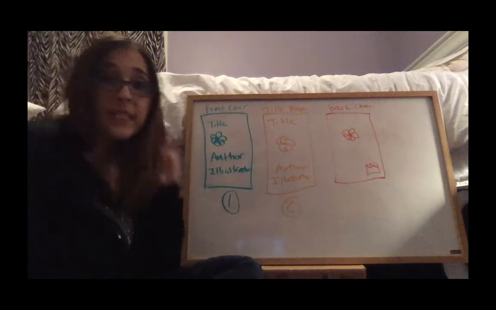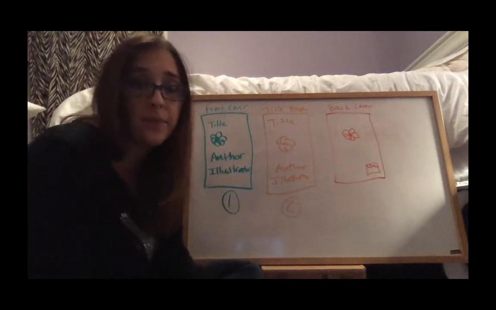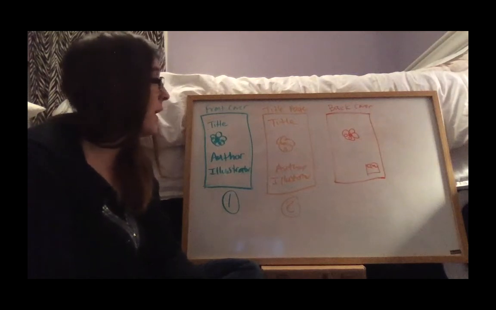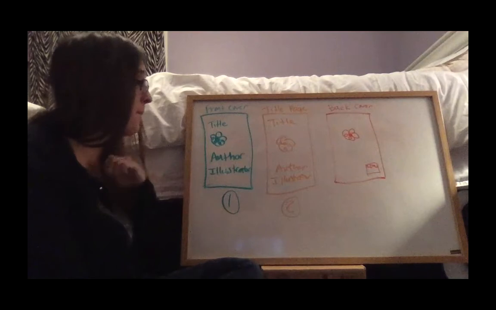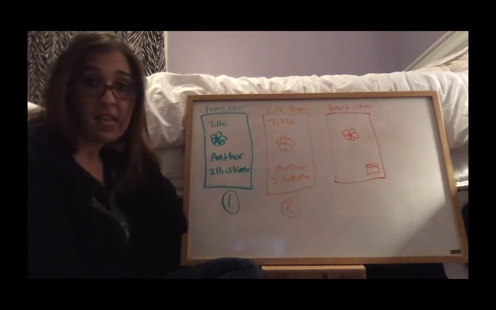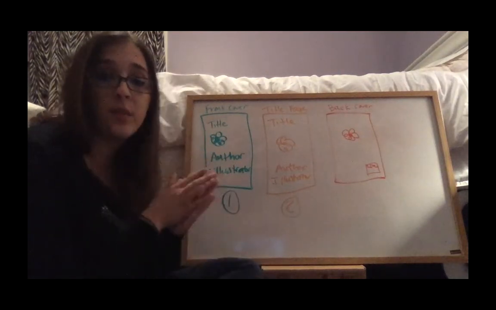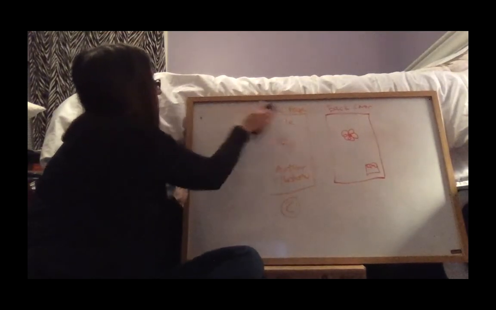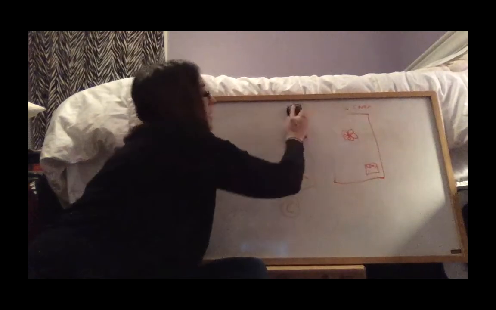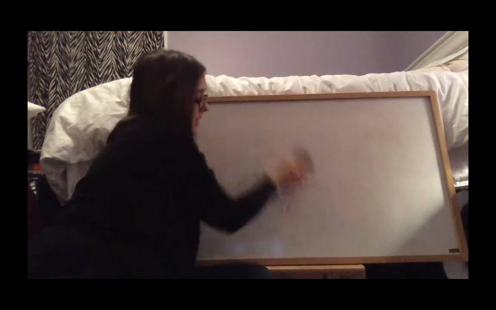So I want you to use your pieces and do this independently. All right, I'm going to erase this because I want to see what you can remember. Okay, you're going to create this. I'm going to come by and look at it, and then we will share them with each other. Okay, so go ahead and get started. I want to see what you remember, so I'm going to erase this.